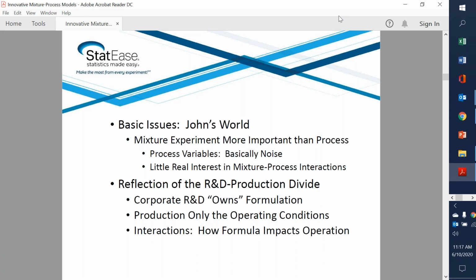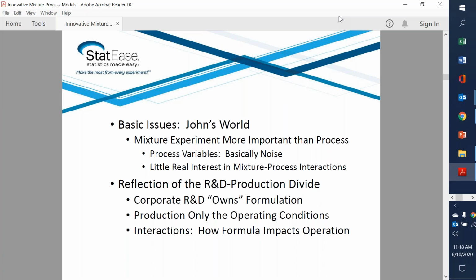I still see it in the work that I do. So corporate R&D owns that formulation. They do it, maybe in a pilot plant, and then they send it down to the production facility and say, okay, here is the formula. It's sacred. You don't touch the formula. Now you figure out a way to operate your process to generate this so we really make money.